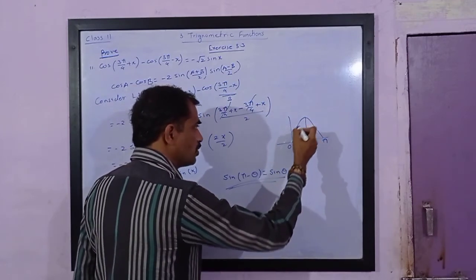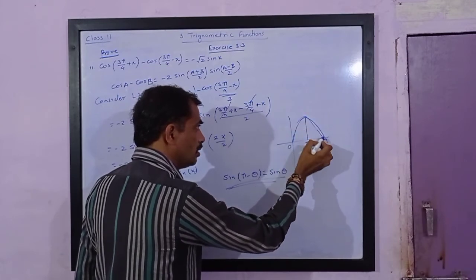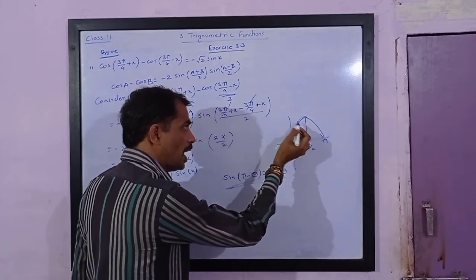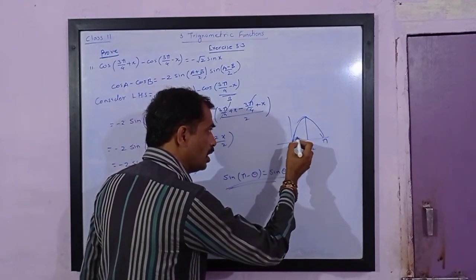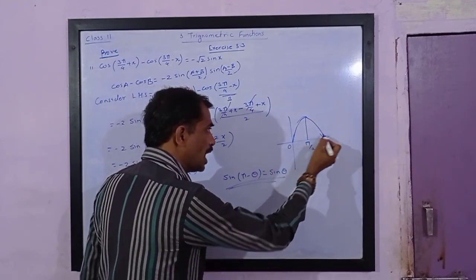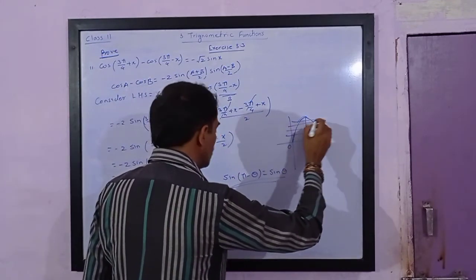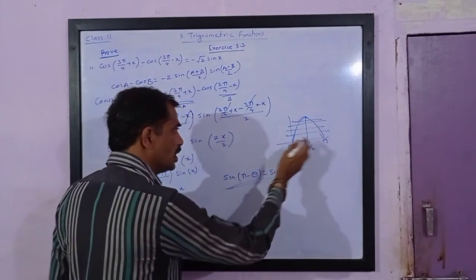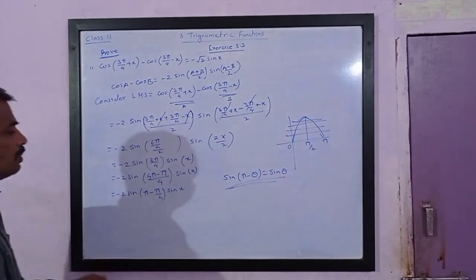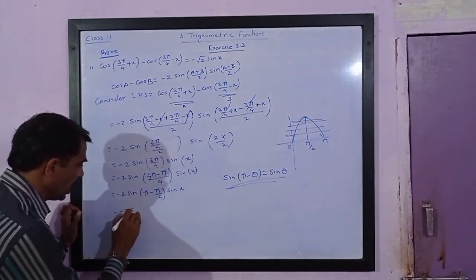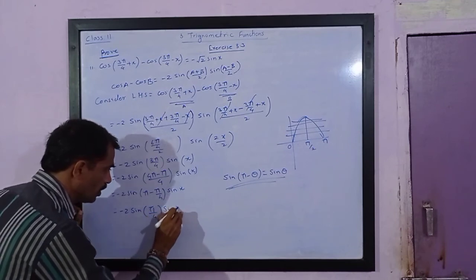As the graph increases from 0 to pi by 2, it decreases from pi by 2 to pi in the same order. So when you take equal angles, 0 plus theta and pi minus theta, you will see that you get the same values. It means sine of pi minus theta is equal to sine theta itself. So this becomes minus 2 times sine of pi upon 4 into sine of x.